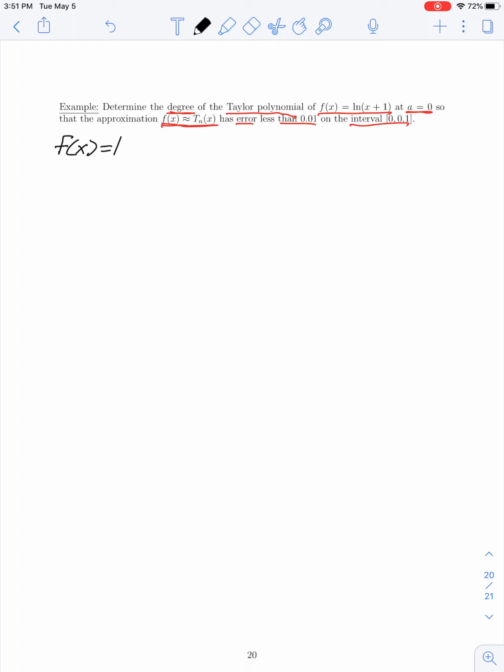So let's look at our function. Here it is, the natural log of x plus 1. Our first derivative, f prime of x, is given by 1 over x plus 1, or, if we prefer to think about this, x plus 1 to the negative first.